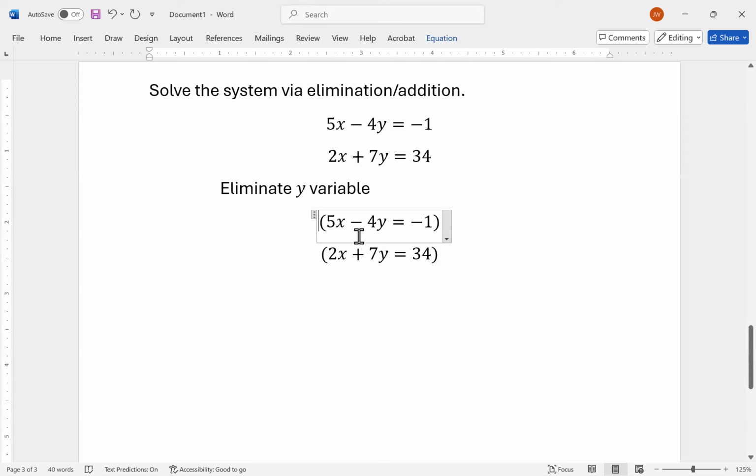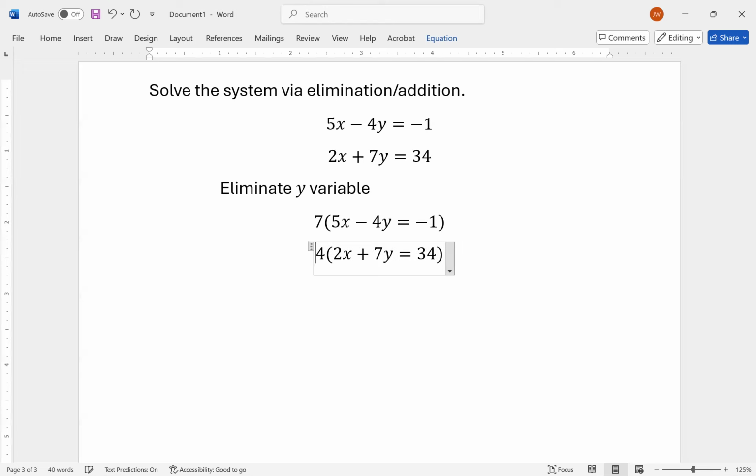Now in the first equation, the variable y has a coefficient of -4. In the second equation, the variable y has a coefficient of 7. So what I'll do is start by putting those coefficients in front of the other equation. I put the 7 in front of equation 1 and the -4 in front of equation 2.